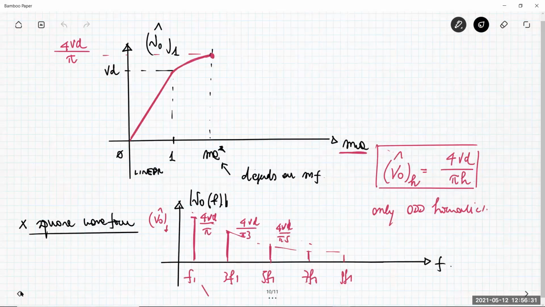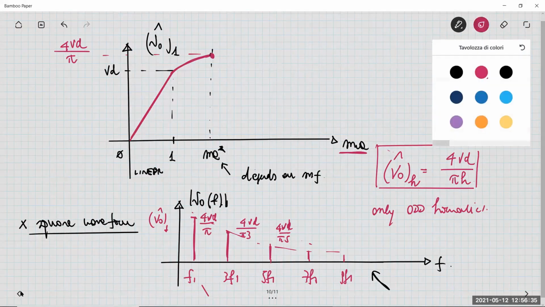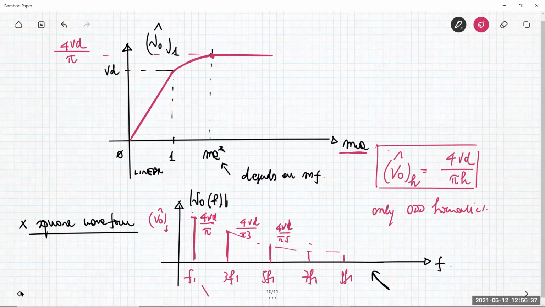The output voltage is always the same, the spectrum is always the same, so it means that here you reach a saturation level. Basically, in the square wave region, you have no variation with the input. You have here the overmodulation, and this is the linear region.